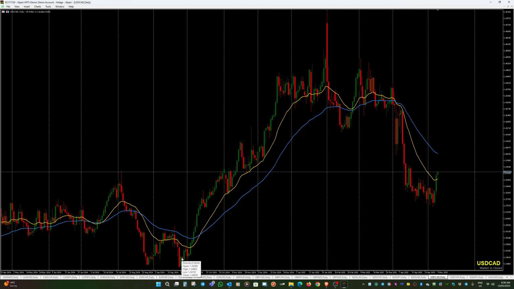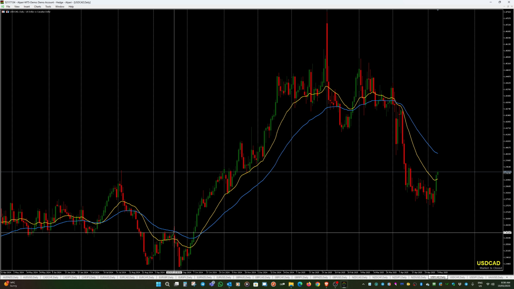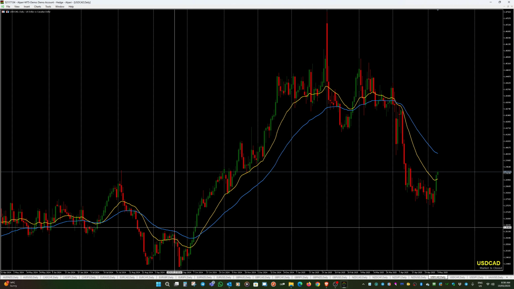This was in September 2024. The entry point I'll be looking at, when I see a double bottom, is if I get a close above this apex here. That is a really good entry for a long trade.